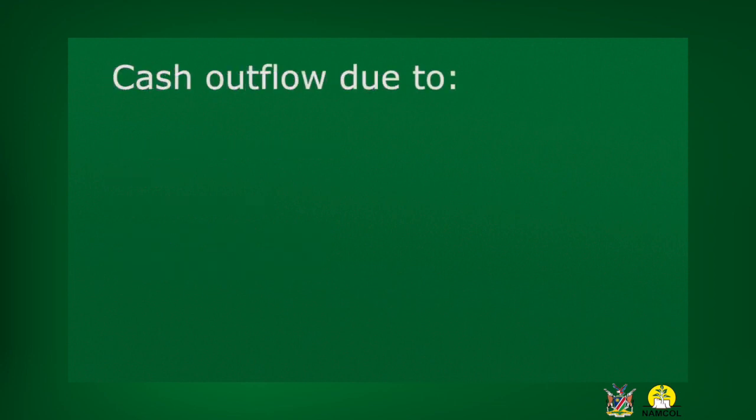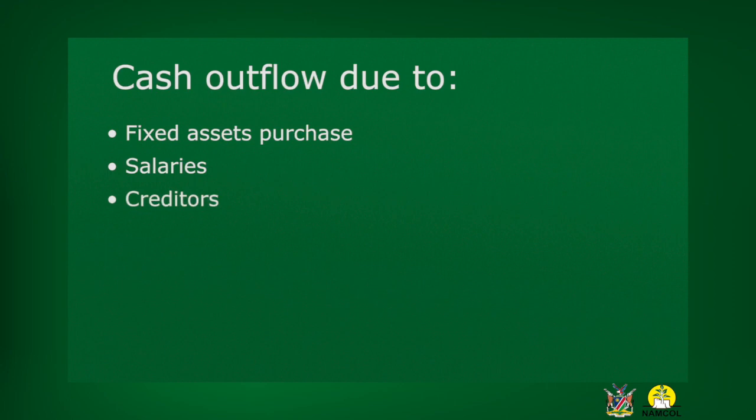Let's look at the cash outflow away from the business. Cash or money flows out of the business when it is spent by the business on buying fixed assets such as warehousing, payment of salaries and wages of staff, payment of debts and loans to creditors, and transport costs.